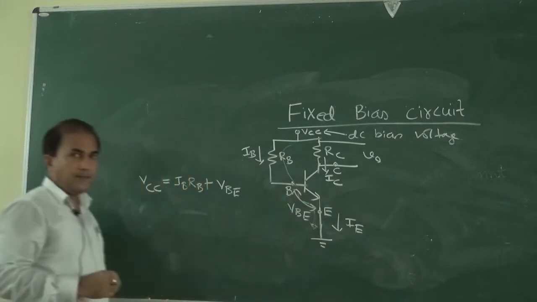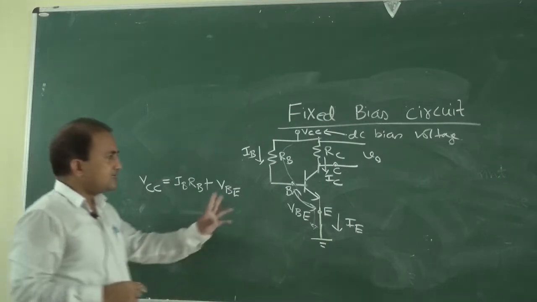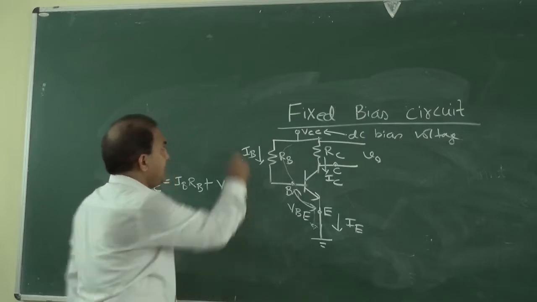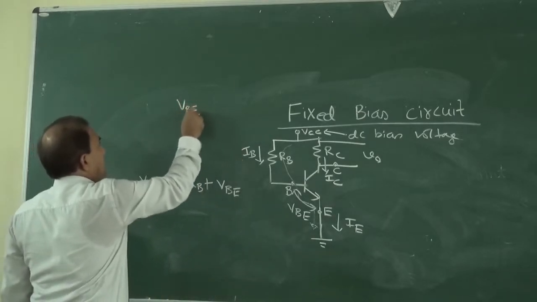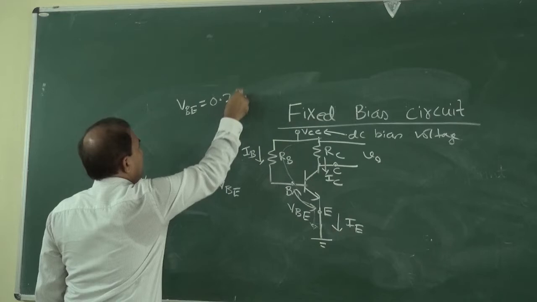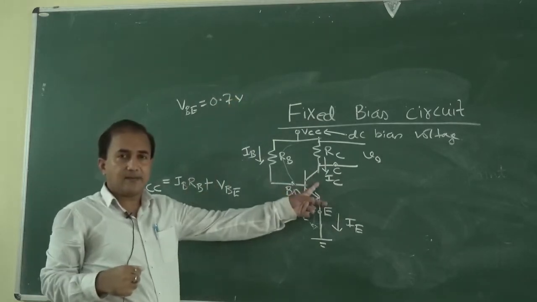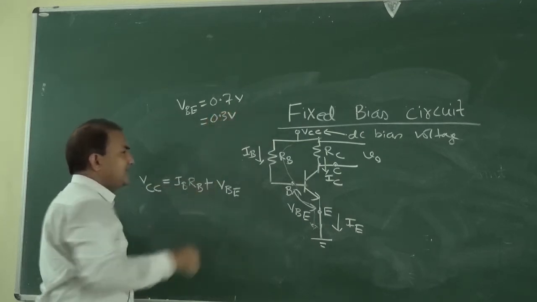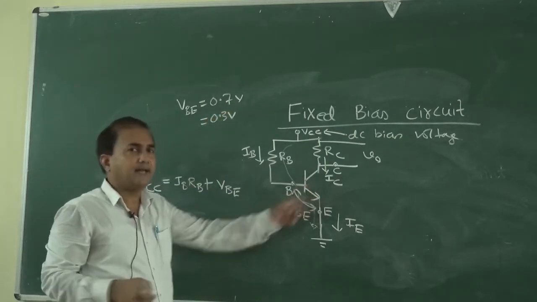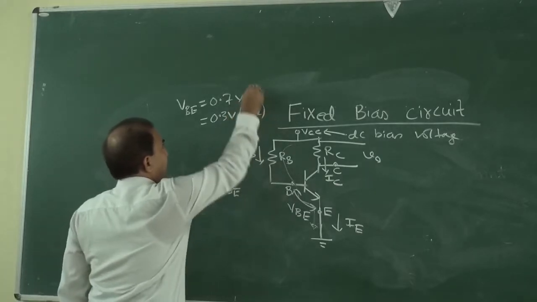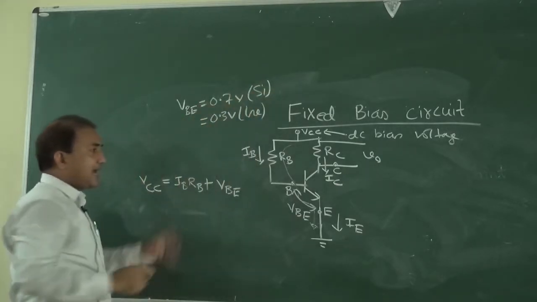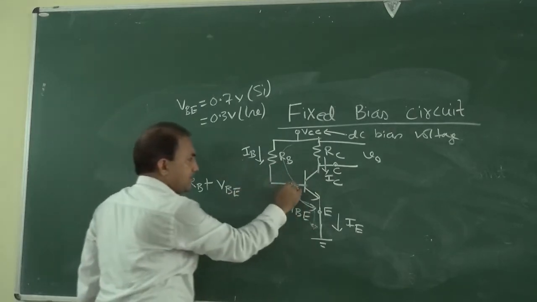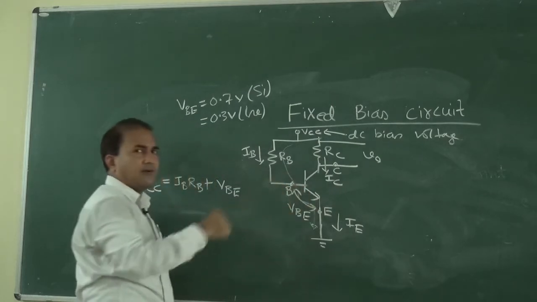In forward bias condition, VBE is equal to 0.7 volt if the transistor is made of silicon, and 0.3 volt if it is made of germanium. In this figure the base emitter junction is in forward bias condition.